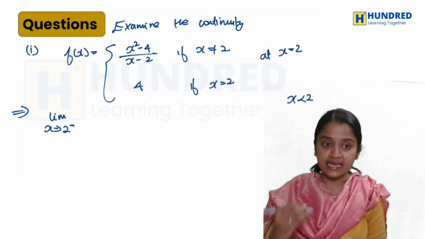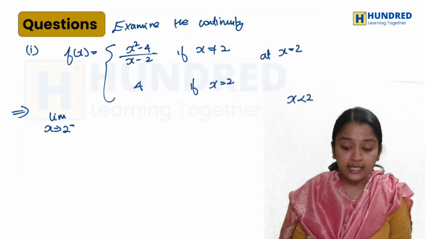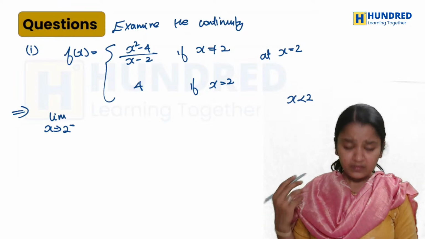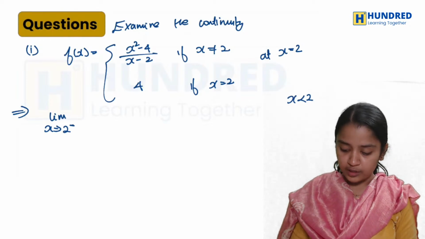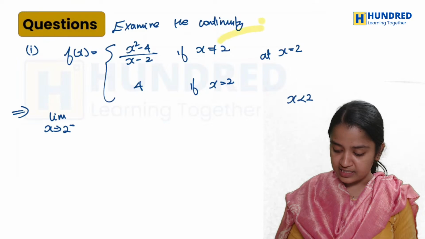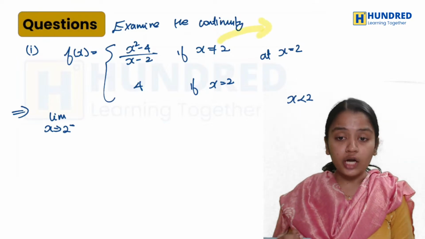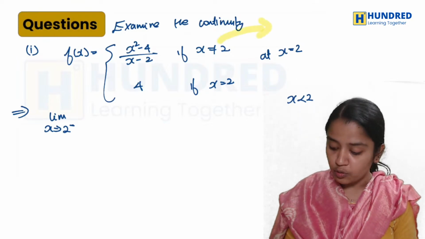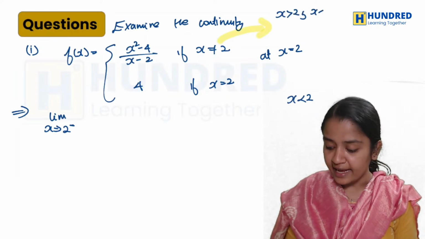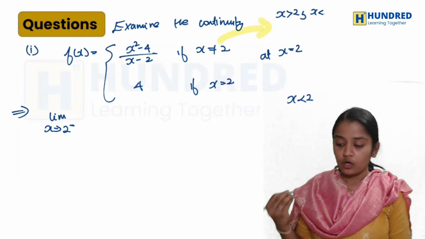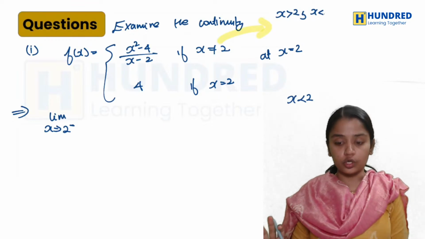It is basically less than 2. Here it is given x not equal to 2, which means x can be greater than 2 or less than 2, but it cannot be equal to 2.